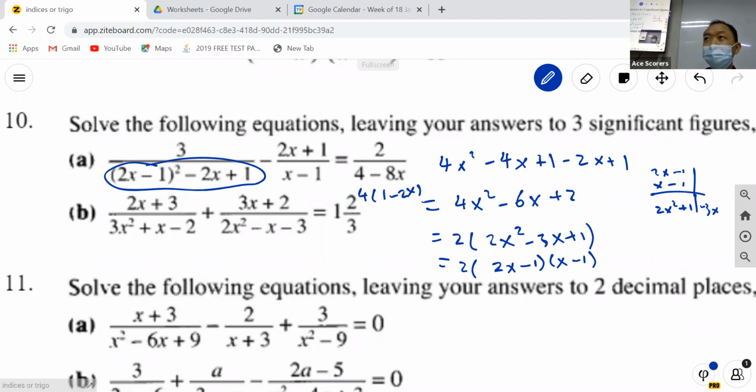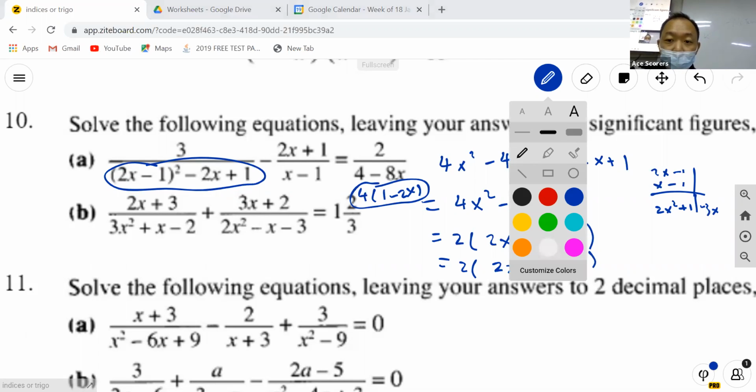Okay, so factorization is the game here. The key. If you cannot factorize, you gotta mod yourself until you can factorize. Which one? The 4 minus 8x. Yeah, it becomes 4, then bracket 1 minus 2x. So can you see what is my common factor?